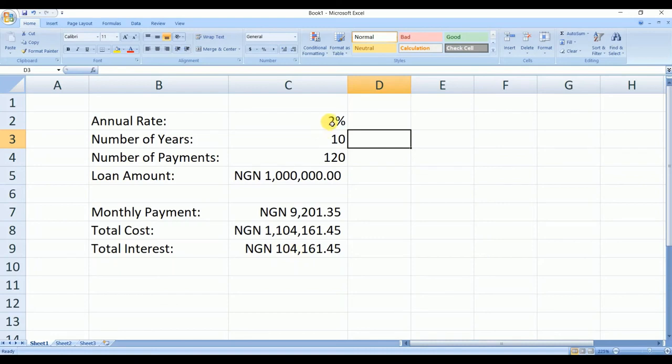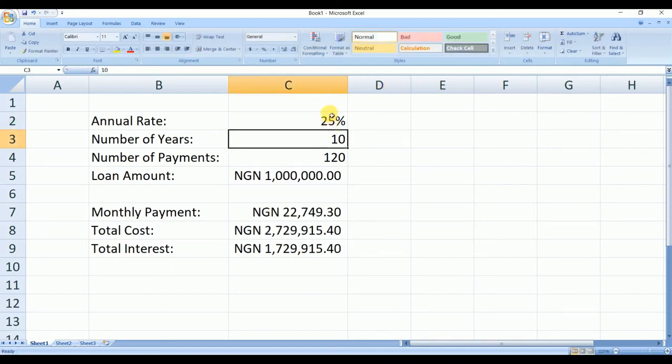But if the interest rate is quite big, up to 25%, then you'll be sure you pay a lot of money. Here at 25%, I collected 1 million naira, and I was given this money at 25% interest rate, and you can see here at the end of the day, the total interest I will pay will be 1,729,915 naira, 40 kobo.